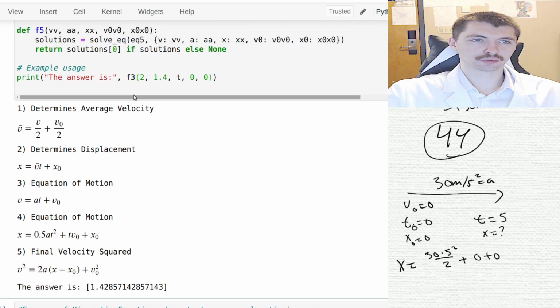So we're going to do equation 4, and our variables: we're solving for x. A is 30. T is 5. 0, 0. It's 375. Okay.